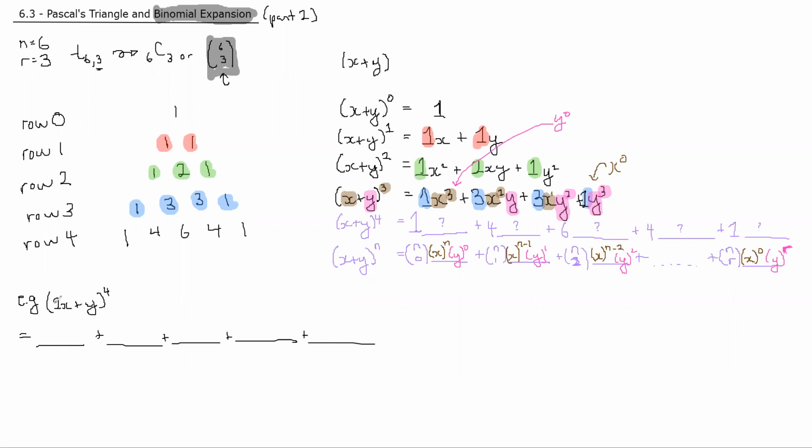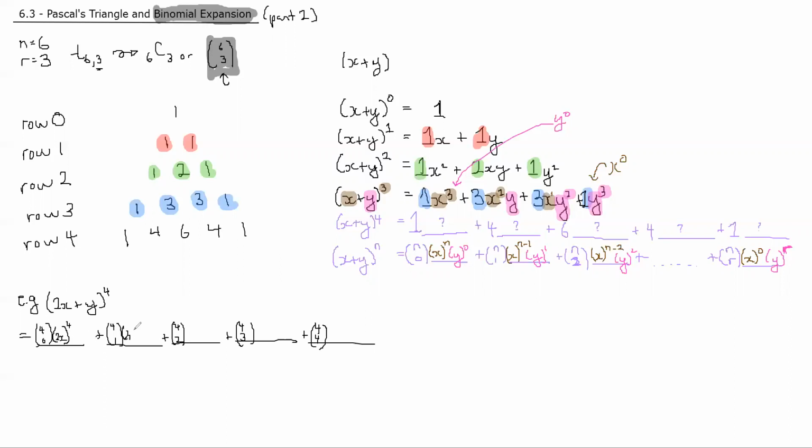Okay? Starting off, I know my coefficients are going to follow Pascal's triangle. That's going to be 4th row 0, 4th row 1, 4th row 2, 4th row 3, 4th row 4. I also know my first term is going to be 2x starts with 4.